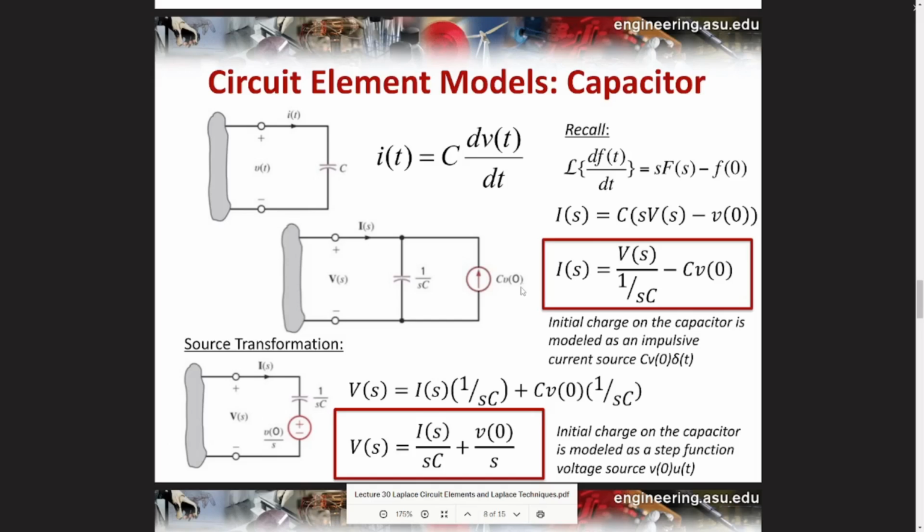So if we solve for I of s, we get V of s over 1 over SC. So the 1 over SC is the impedance looking portion. But then it's minus C V of 0. And so when you do that, CV of 0 becomes a current source, which faces in the opposite direction of the passive current going in, which we don't really need to worry about keeping track of that.